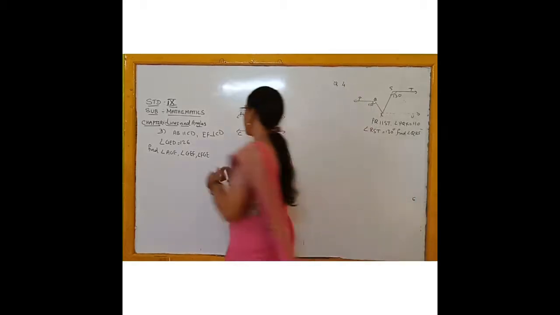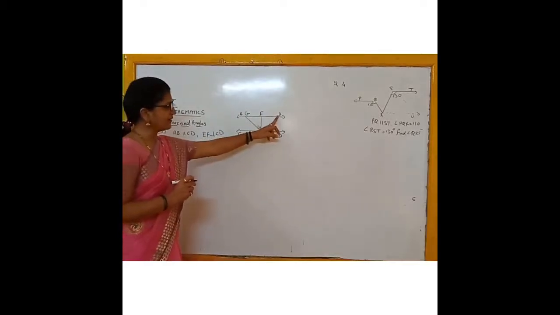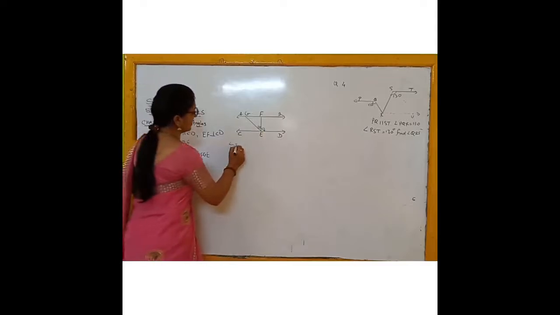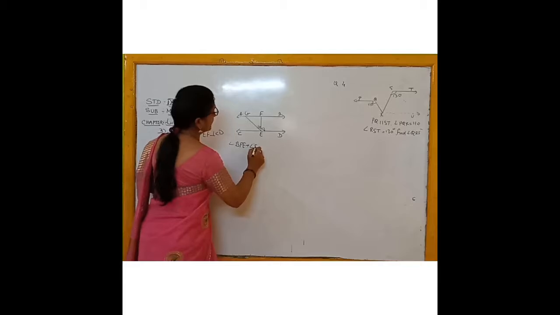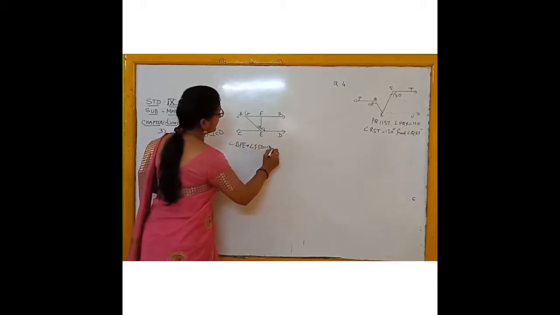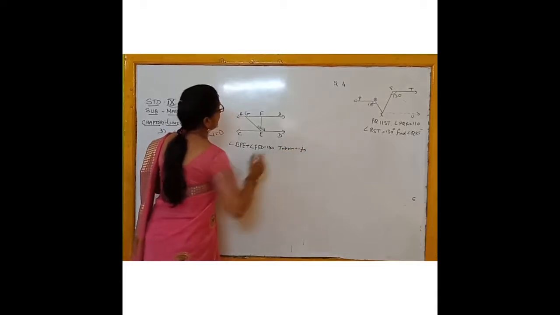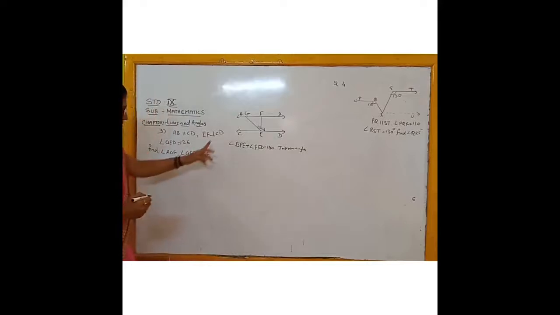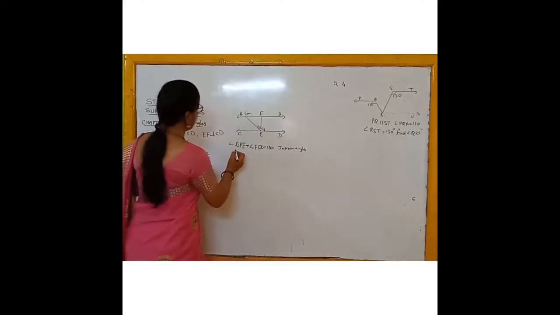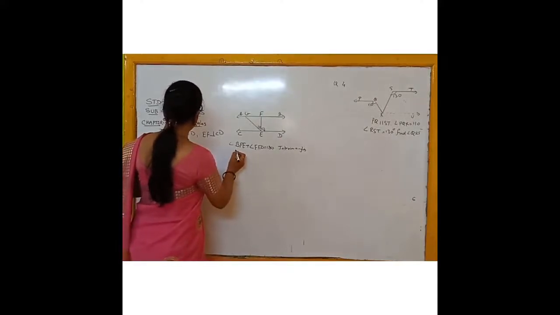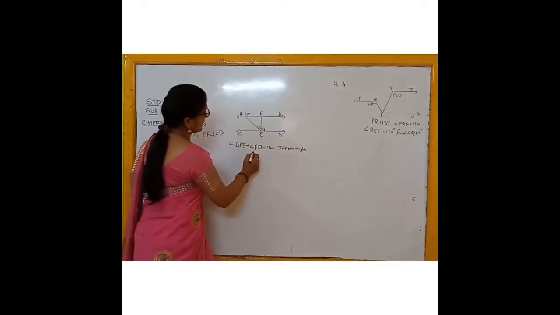Now first step here, what is given? EF is parallel to CD. So if EF is parallel to CD, what can you say? Angle BFE plus angle FED is 180, as they are interior angles on the same side of the transversal. As EF is perpendicular to CD, this is 90 degrees.